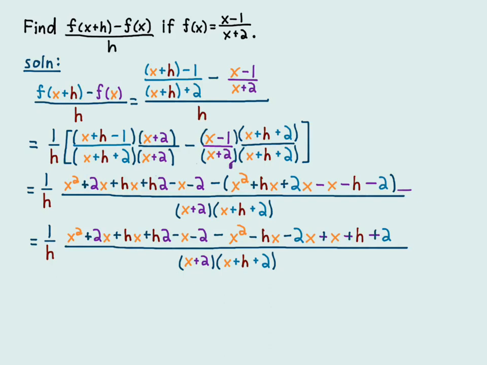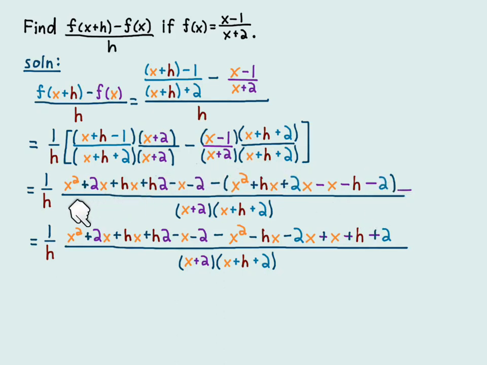So, negative x squared, minus hx, minus 2x, plus x, plus h, plus 2. So I'm just thinking change sign, change sign, change sign, change sign, change sign, change sign.